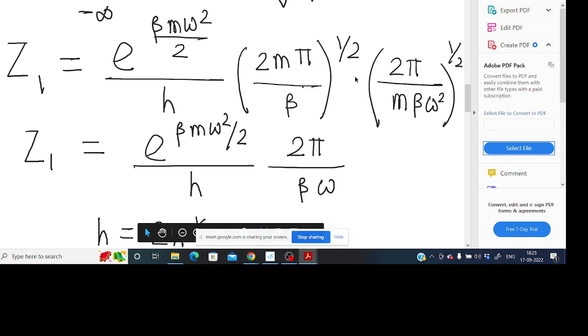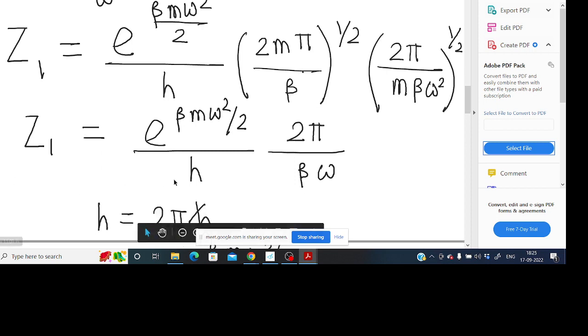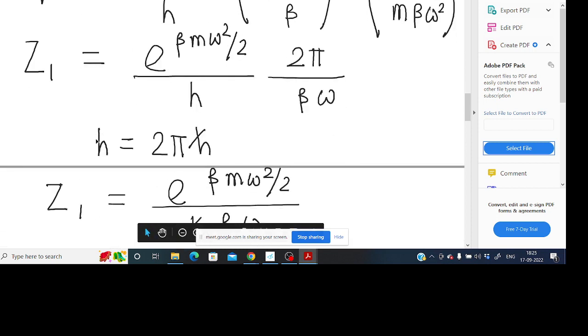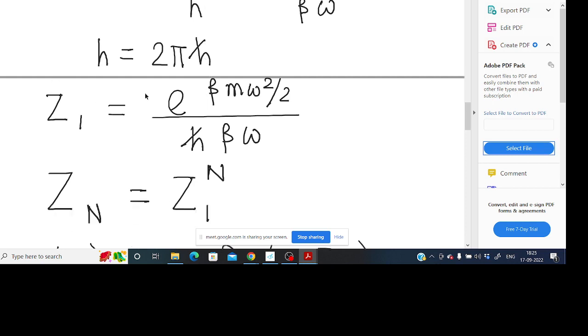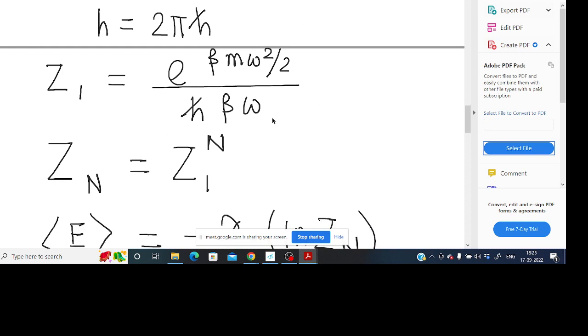After doing some simplification we get this Z1 equal to this, and what is h? h is the Planck's constant, which is equal to 2 pi h cross, and if you take h equal to 2 pi h cross, then 2 pi and 2 pi cancel out, and your Z1 is equal to this thing. Okay, clear? Yes, sir.